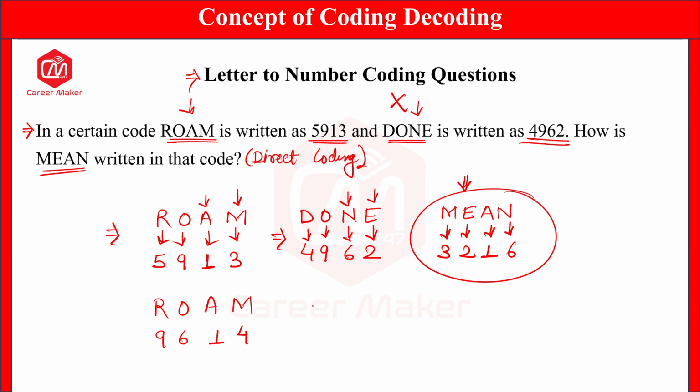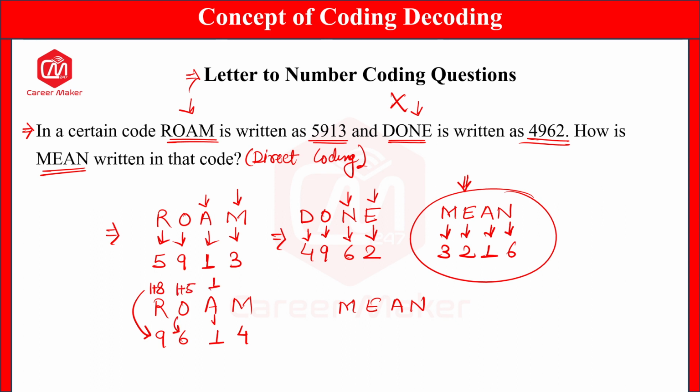Then find out the code of Mean. So you can see all the letters of Mean are not coming from Rome. Then you have to apply logic. How? There are so many logics, but only 4 digits are used. It means very simply that for a letter a number is used. So how to identify it? The position of R is 18. Add the 2 numbers together, you will get 9. O position is what? 15. Add together, you will get 6.